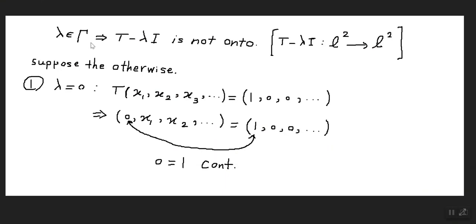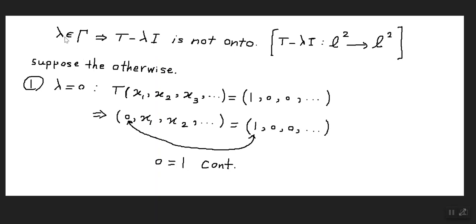Proving that lambda in gamma belongs to the spectrum is equivalent to saying that T minus lambda I is not onto, because lambda is not an eigenvalue, so the other case happens. So we have to prove this.